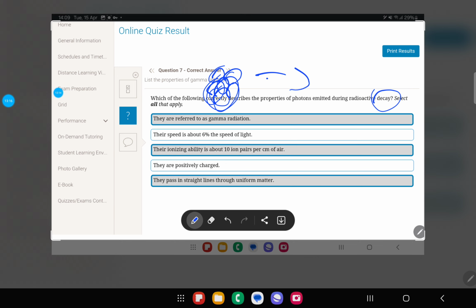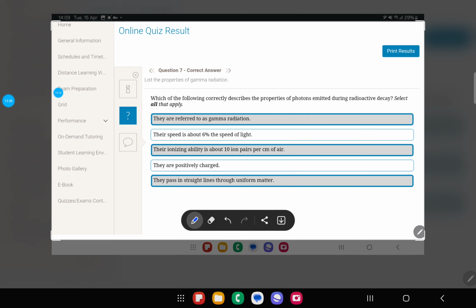That's what radioactive decay means. Just think of it as kicking out the excess charges. Okay? So this is radioactive decay. There are many types: alpha decay, beta, and gamma.